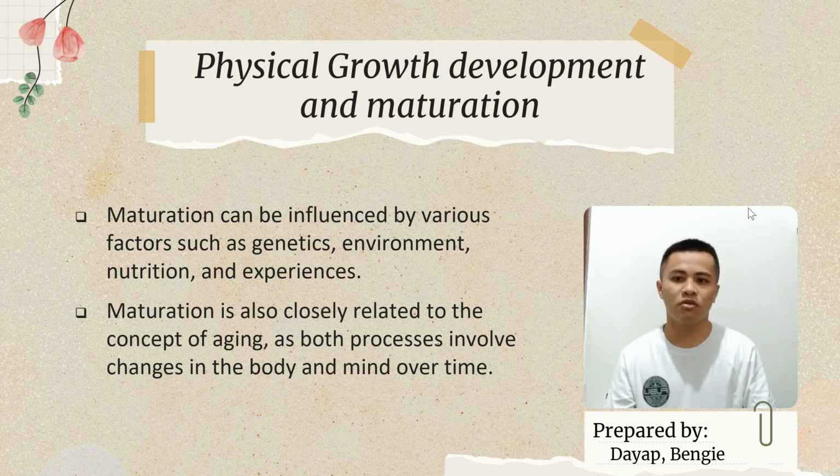Maturation is also closely related to the concept of aging, as both processes involve changes in our body and mind over time. However, aging is typically associated with the decline in function that occurs later in life, while maturation is generally considered a positive process that leads to increased competence and adaptability.